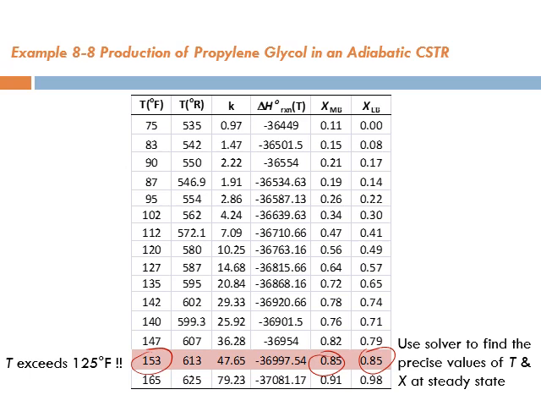I cannot use the reactor as is, because the temperature inside the reactor will be much higher than my constraint, the temperature limit which I had put for myself. Because otherwise, if I run the reaction in this reactor, the temperature will reach 153 at steady state, and I will lose a lot of the propylene oxide.